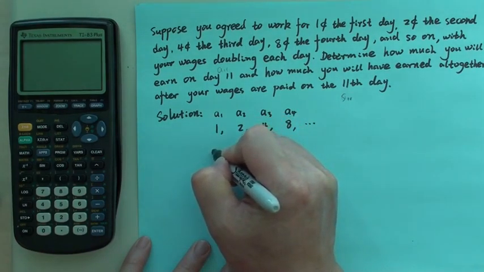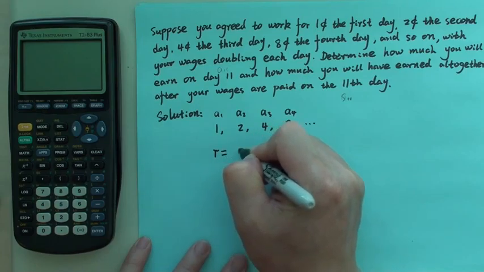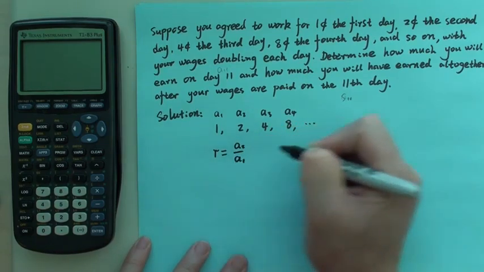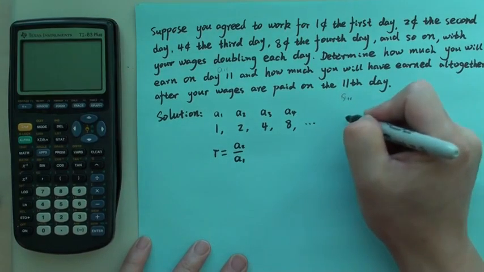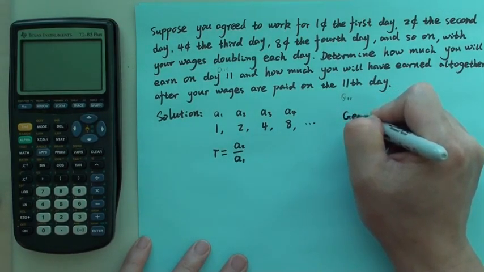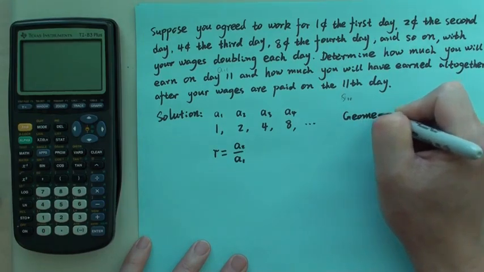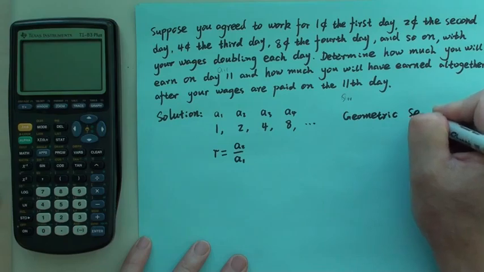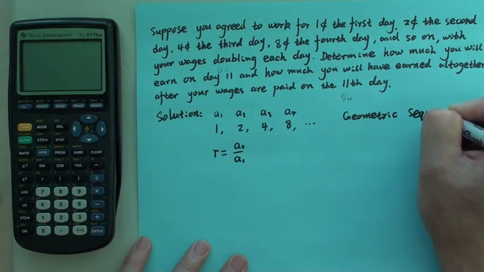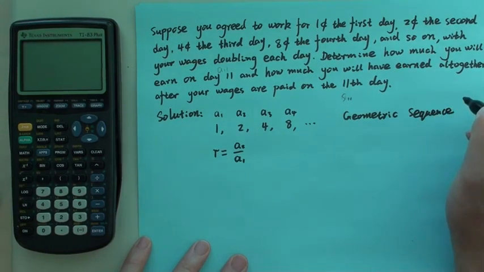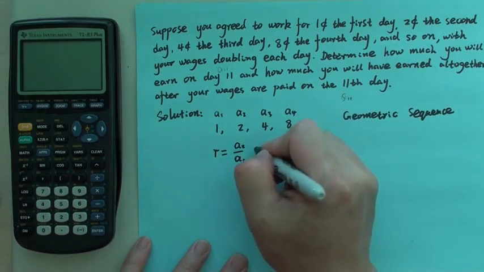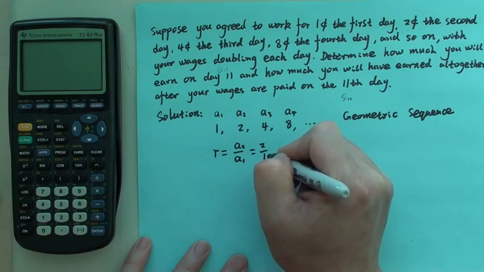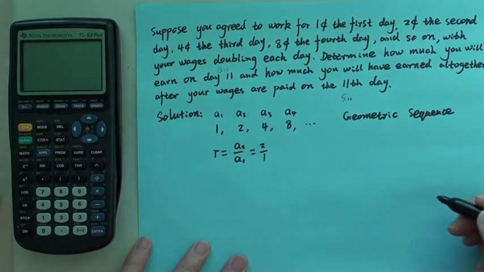The ratio r is A2 over A1. By the way, you already know this is a geometric sequence. Then the ratio is 2 over 1, which is 2.